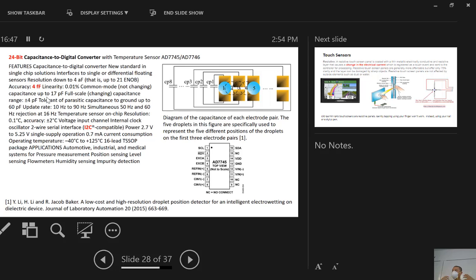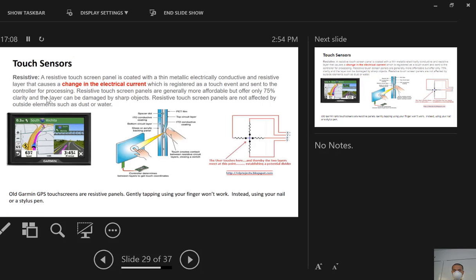If I breathe, it's going to change the measurement by tens of femtofarads. Not to mention if you walk past the bench, it's going to change by like 100 femtofarads or something. So it's very, very sensitive. Just to let you know this is something that exists on the market.